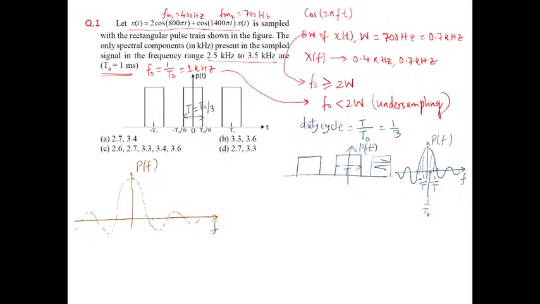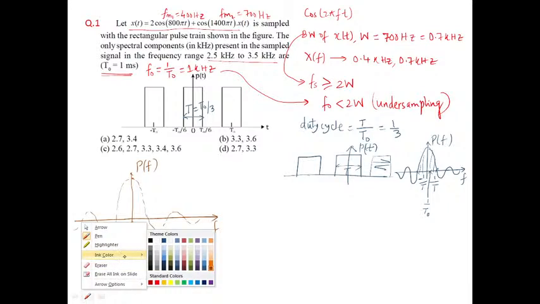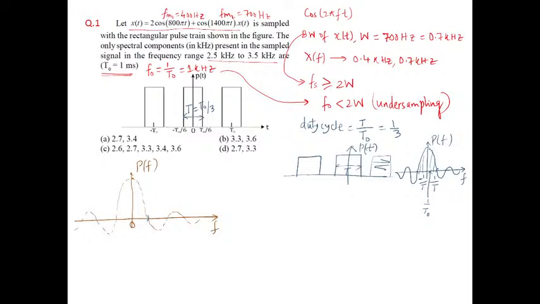This is P(f) for a single rectangular pulse, for the energy signal, and when it's made periodic in time domain, it becomes sampled in frequency domain.